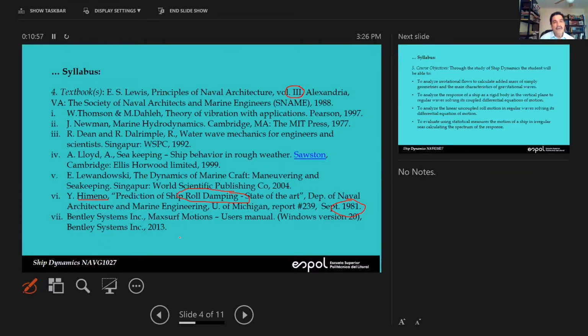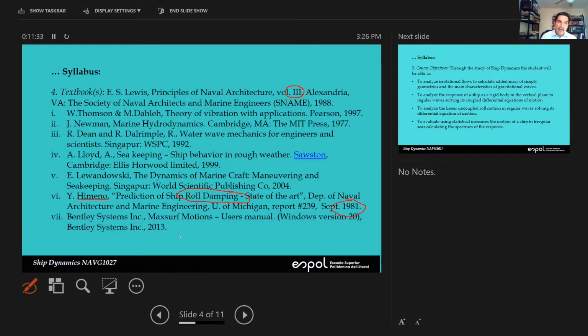we're going to use MaxSurf, the program MaxSurf, to calculate in general the response of the ship in very different situations. Okay, we can calculate it for very simple situations, for example, in case of barges. But when we have to consider the general shape of a ship, that would be a very long process. And for that case, we simply go to this computer program.